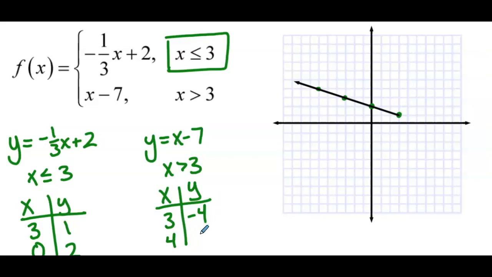If we plug in 4, our output's -3. So we'll plot the point (3, -4). That's going to be an open point because we don't have equality here. And then (4, -3), plot that point. And we can keep plotting a few more points using the fact that the slope is 1.